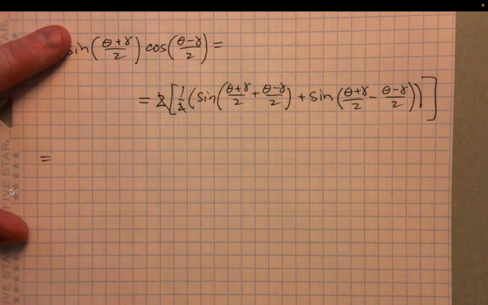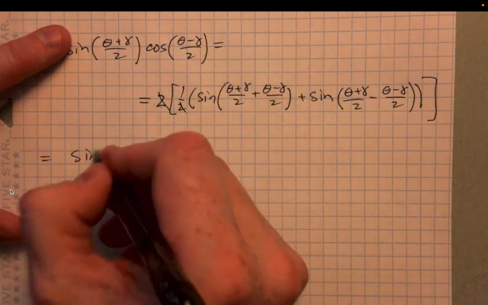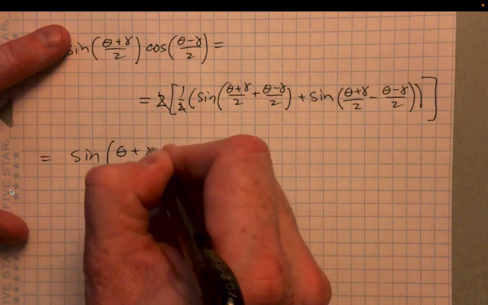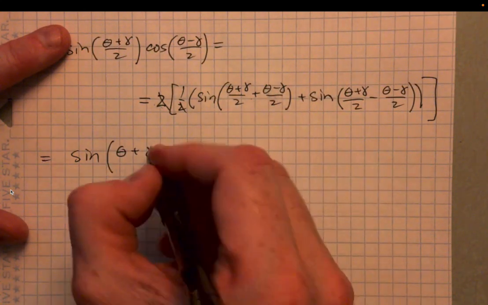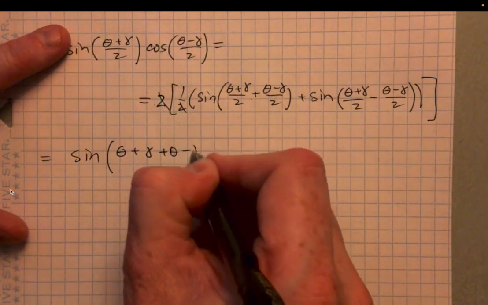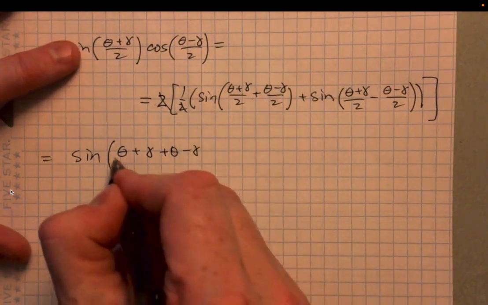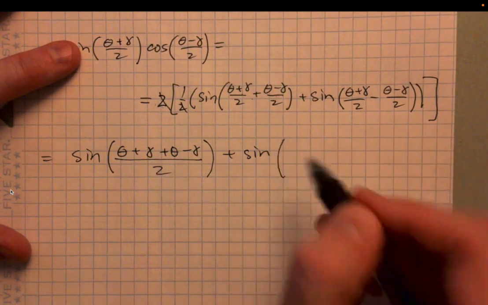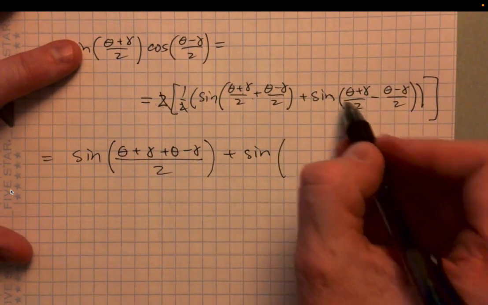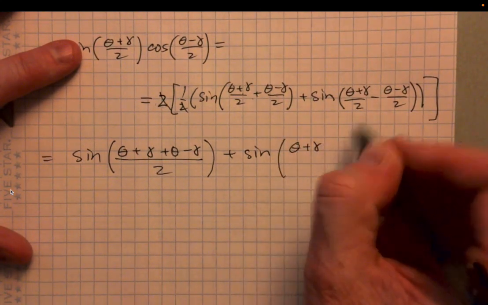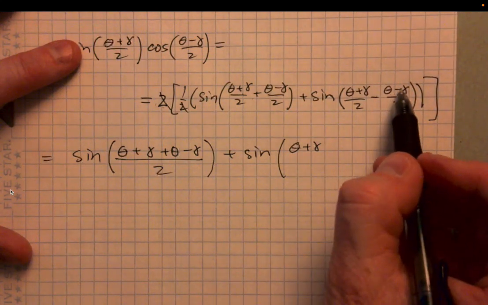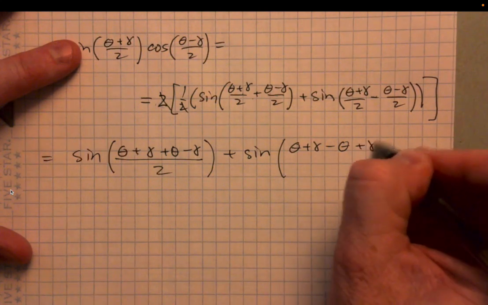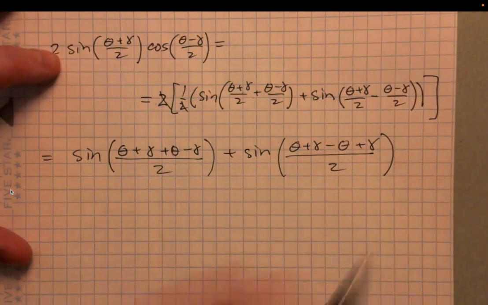It's going to be equal to sine of theta plus gamma plus theta minus gamma, all over 2, plus sine of theta plus gamma, and then it's minus theta, and then it's minus gamma, so it's minus theta plus gamma.